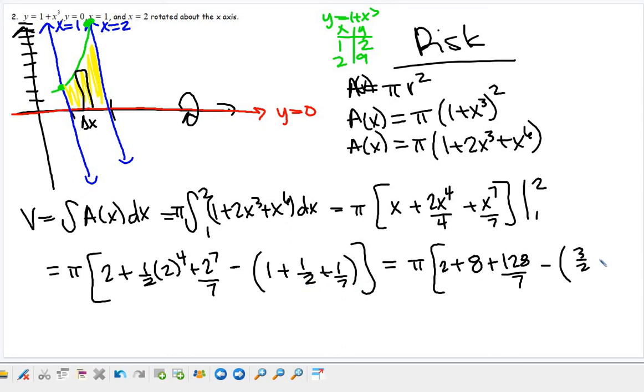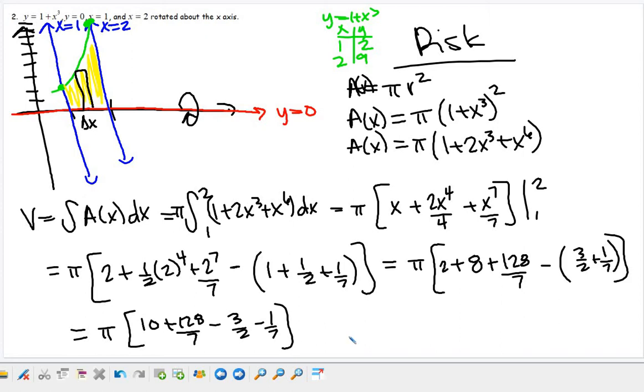So I'm going to do that. 1 over 7. I might have enough room, maybe. 10 plus 128 over 7 minus 3 over 2 minus 1 over 7. And I'm going to put these two together and then the sevenths together.